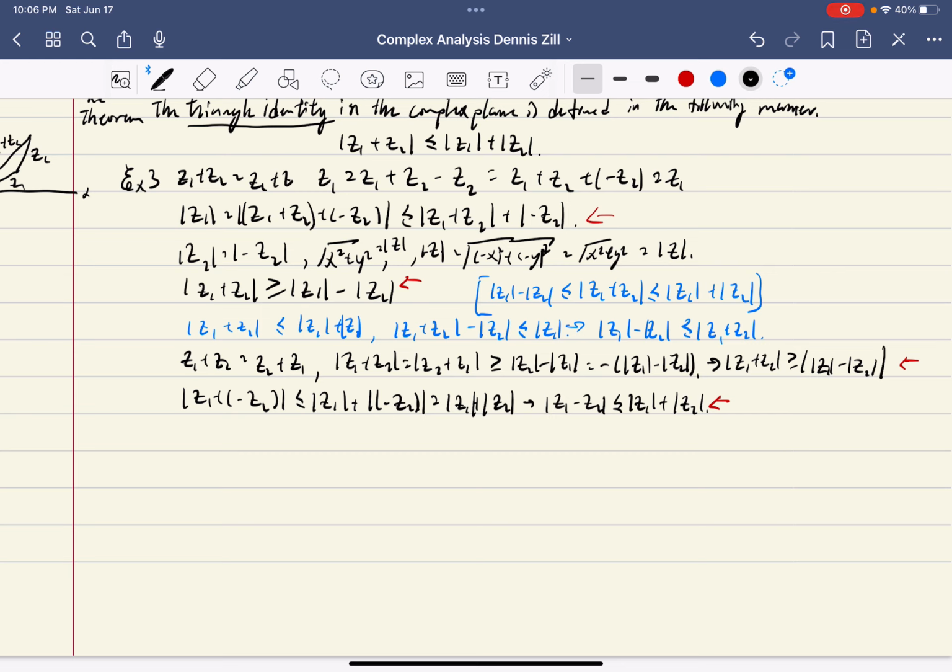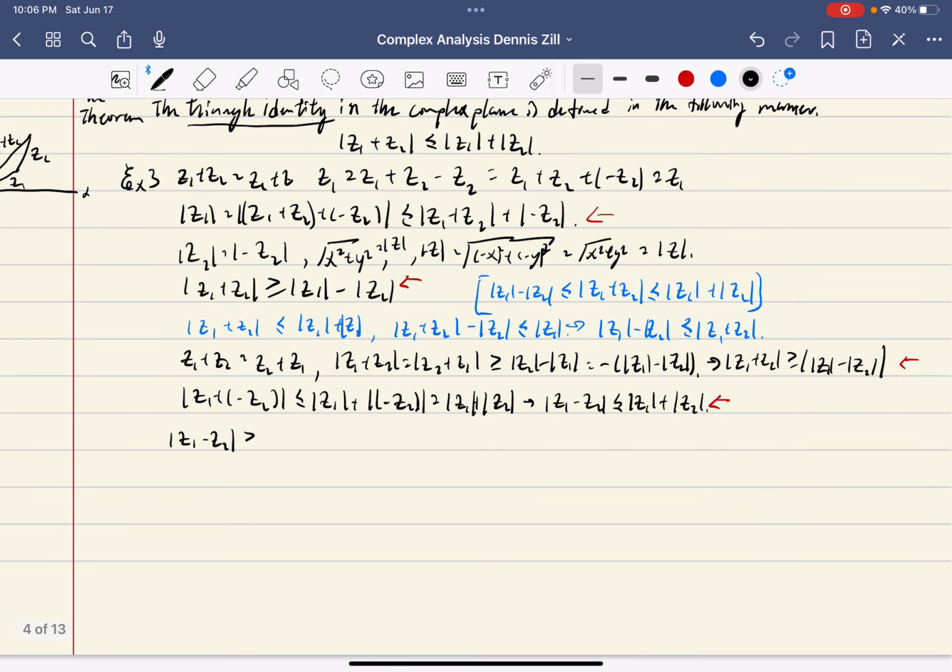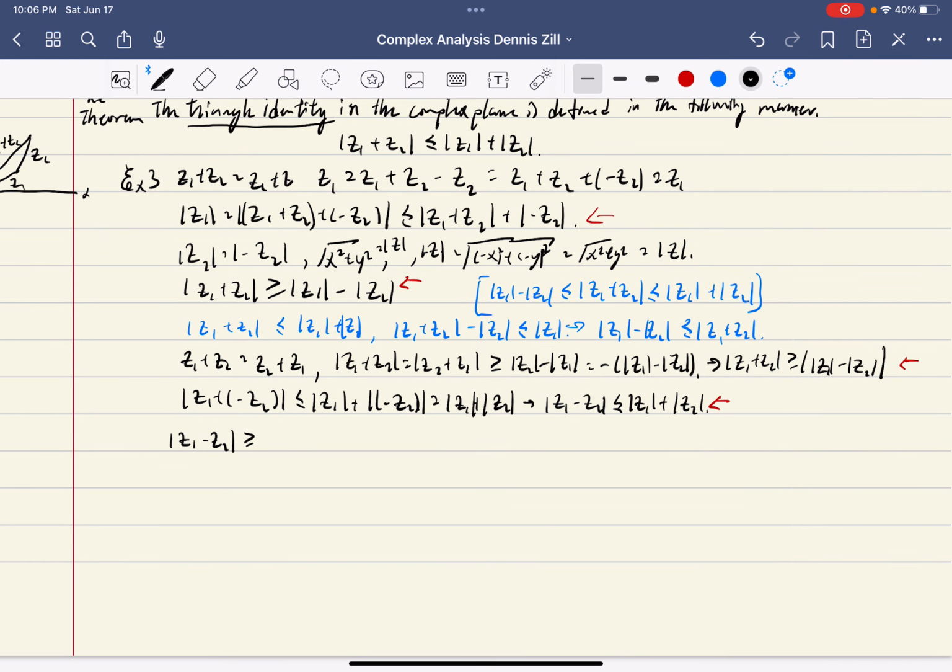Well, if we replace z2 with negative z2, right, we get, if we replace this, then this is really just the modulus of z1 subtract z2, right?